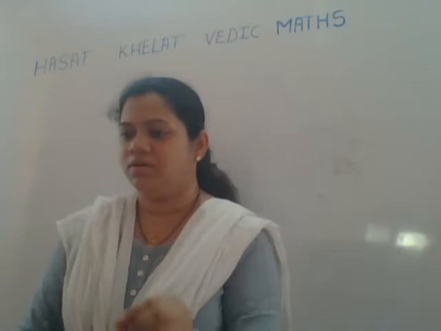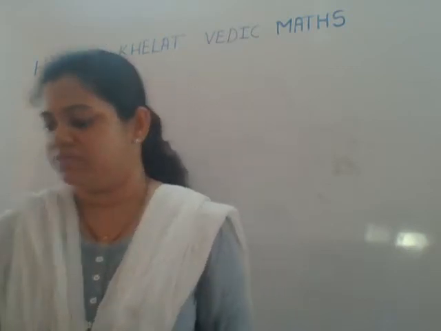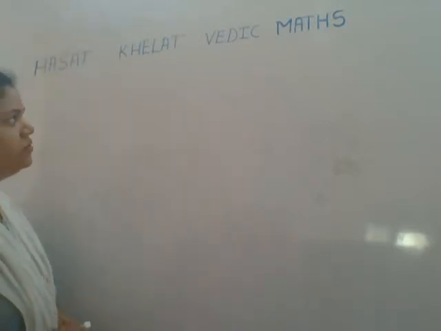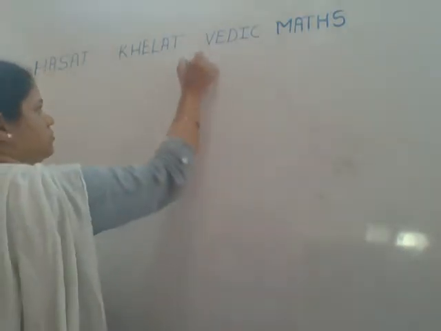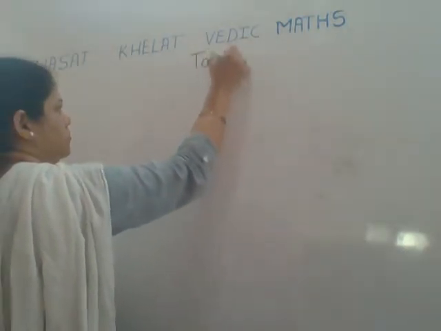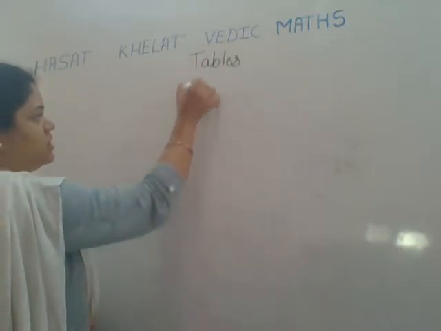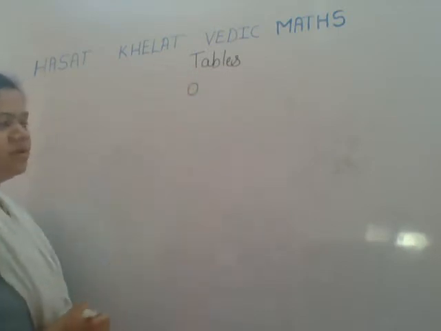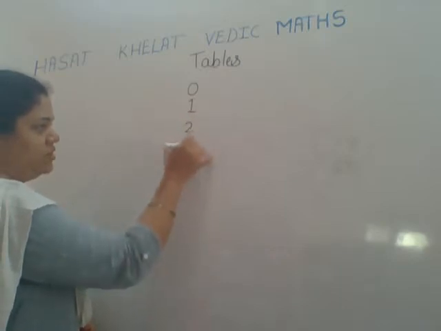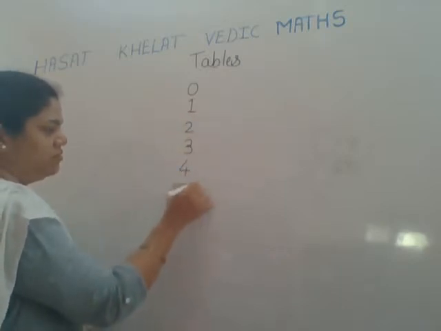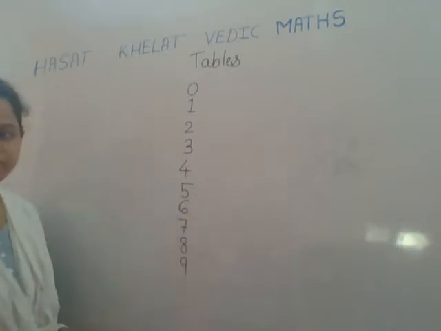One simple trick to write down the nine's table I'm going to show. If you have to write down the nine's table, first I will write numbers from 0 to 9. 0, 1, 2, 3, 4, 5, 6, 7, 8 and 9.